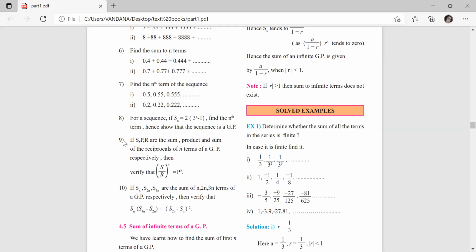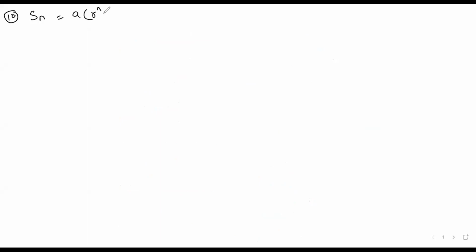Sn is sum of first n terms of GP, right? So obviously Sn will be a r raised to n minus 1 upon r minus 1. Wherever they have not mentioned whether r is greater than 1 or less than 1 or whatever, we can always take r is greater than 1 and write down this.